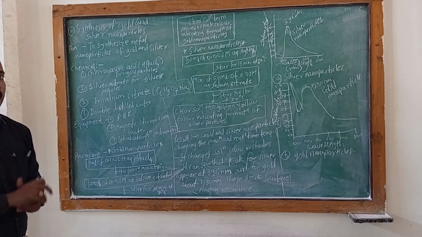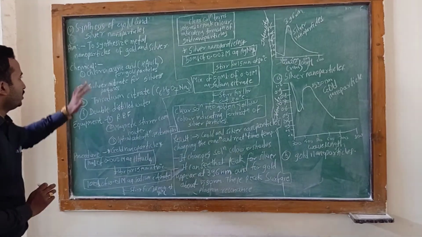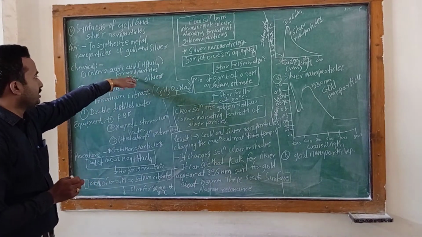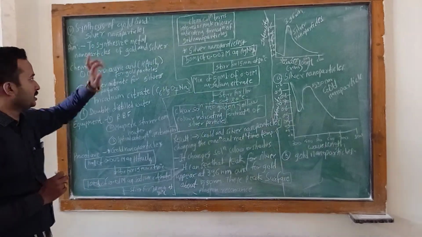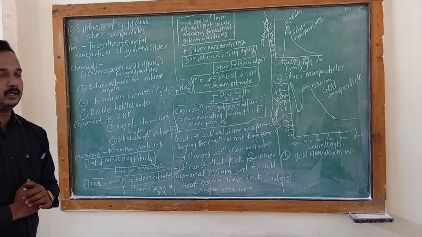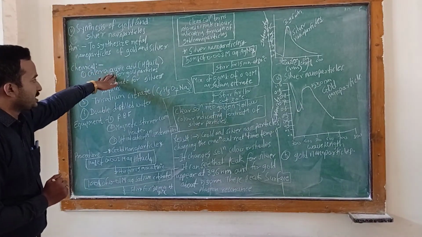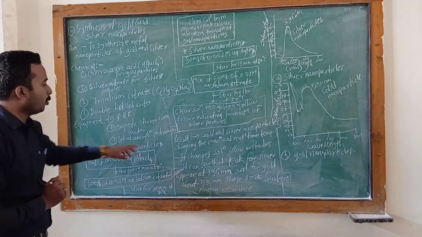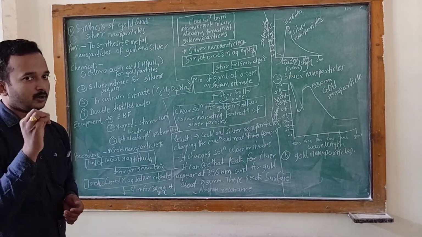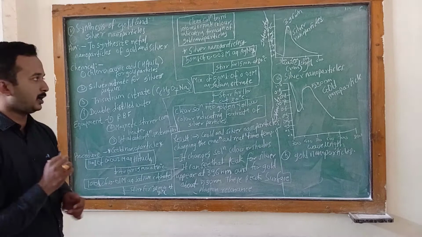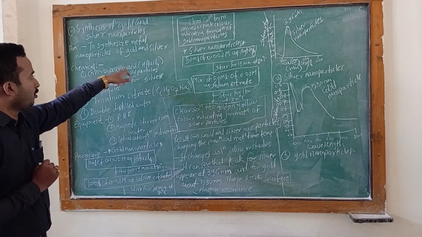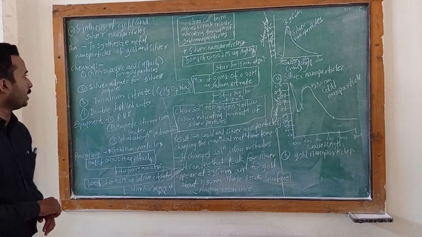You use this chloroauric acid as the starting material for the gold nanoparticle.